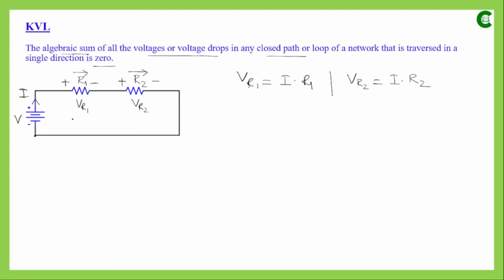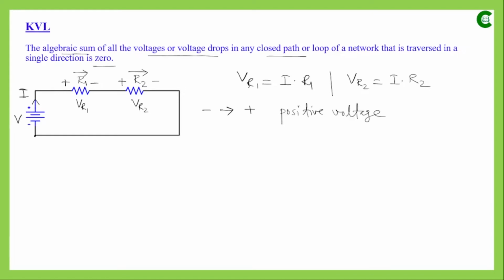So there is a convention we have to follow when we apply this law. If, when traversing from the negative terminal to the positive terminal, we take that voltage as positive in the algebraic equation, then we have to follow that convention throughout our circuit.